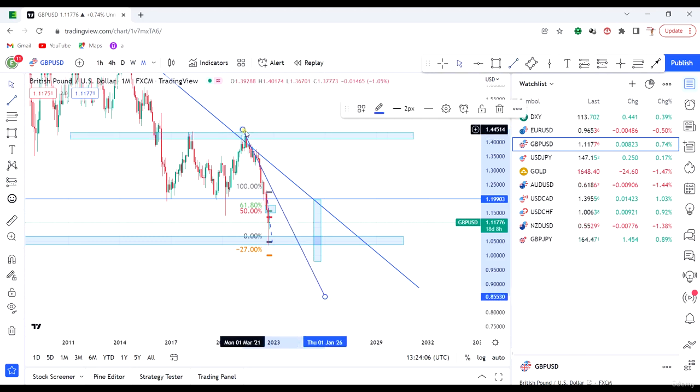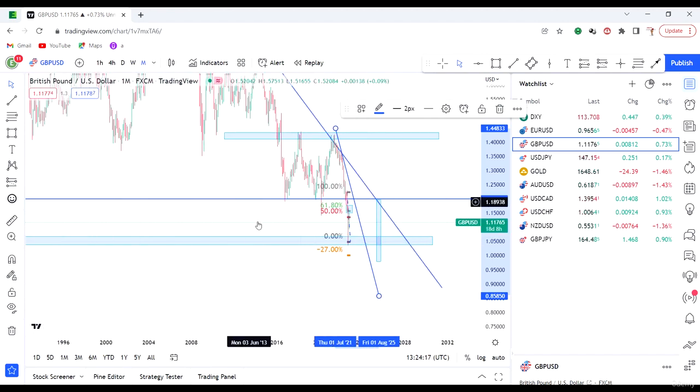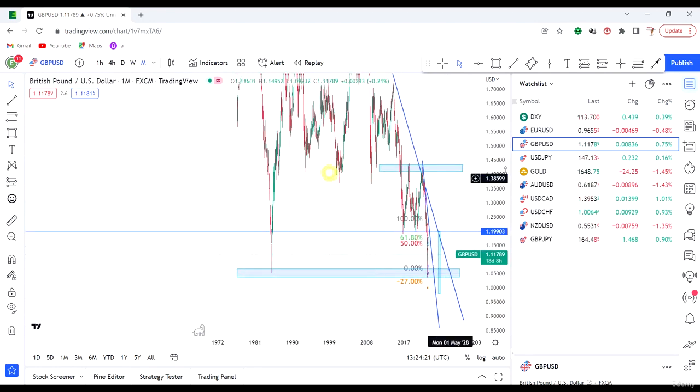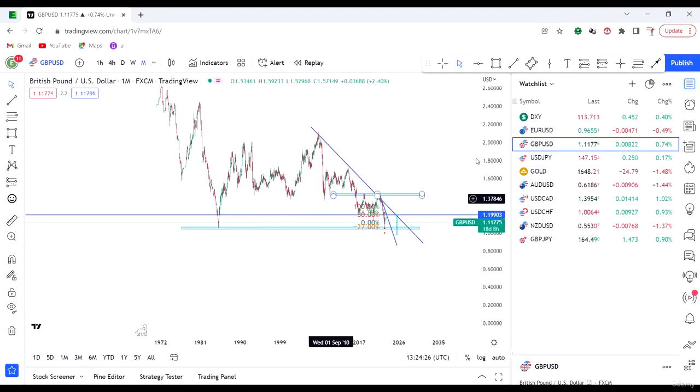Maybe it might retreat to the minor trend line and then keep going down, probably retreat to the major one and then hit this level. It all depends on what the market does, but whenever I get a sell signal, I will be ready to sell the market. So that will be how this strategy will play out on a normal.